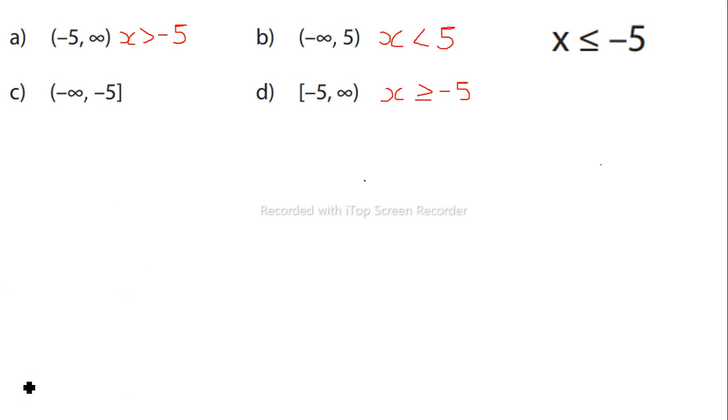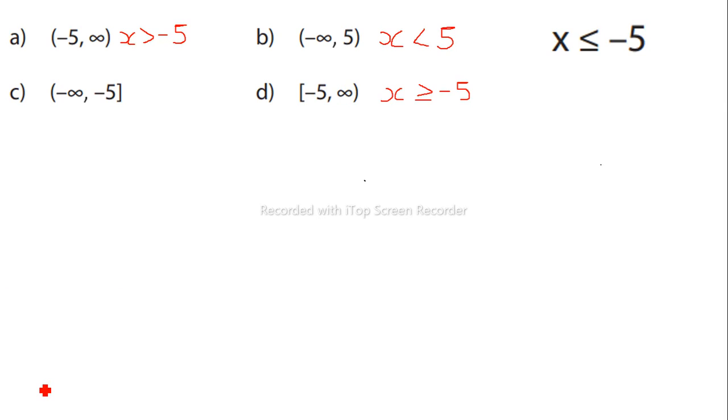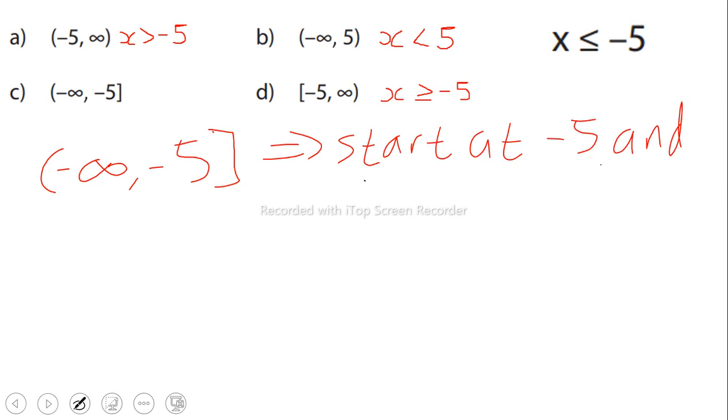So let's put it in layman terms first. We have the interval from negative infinity to -5. It's saying, start at -5 and get smaller and smaller and smaller.